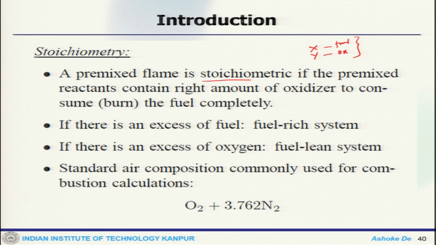If the fuel is in excess, then one can say it is a fuel rich system. If there is an excess of oxygen, or I would say oxidizer, because the fuel could be burning in oxygen or in another oxidizer, then it is a fuel lean system.